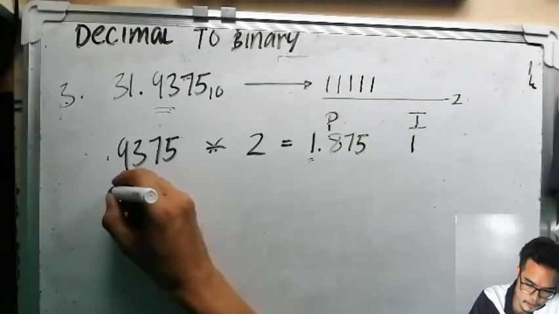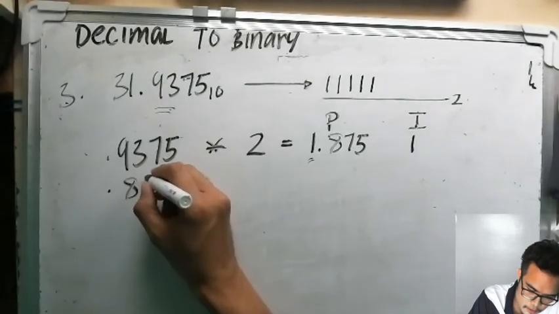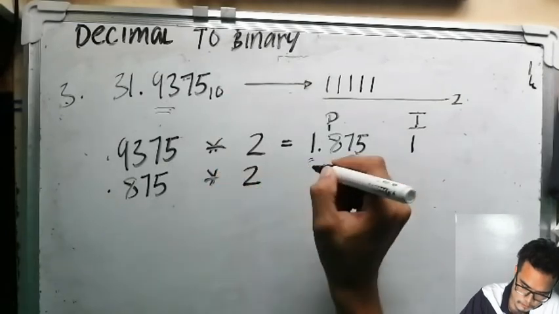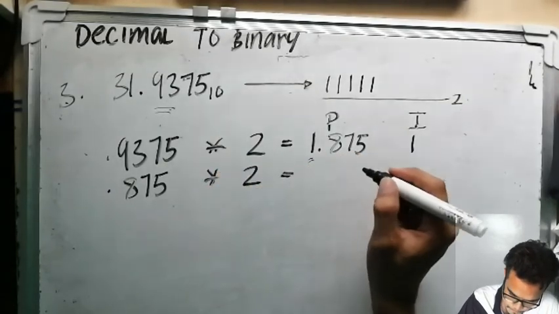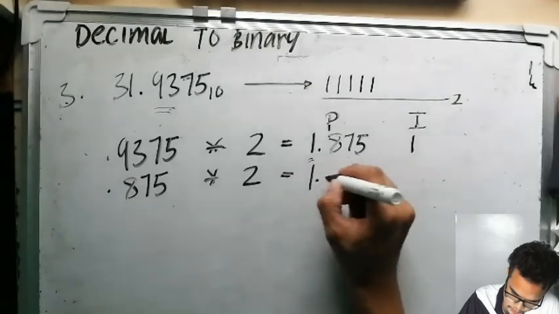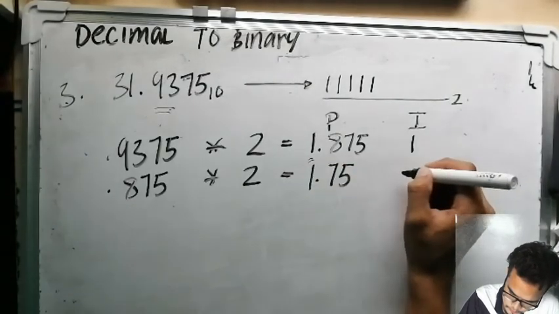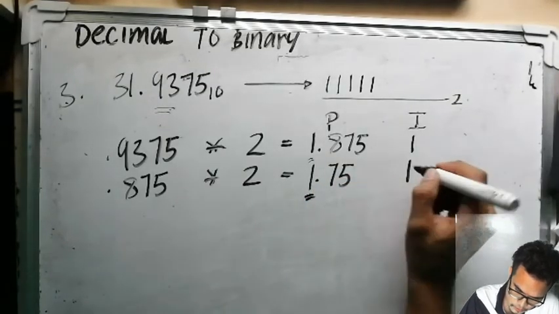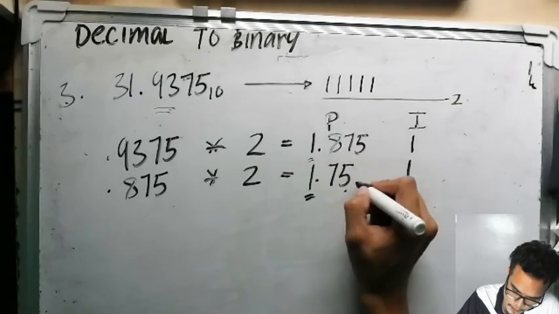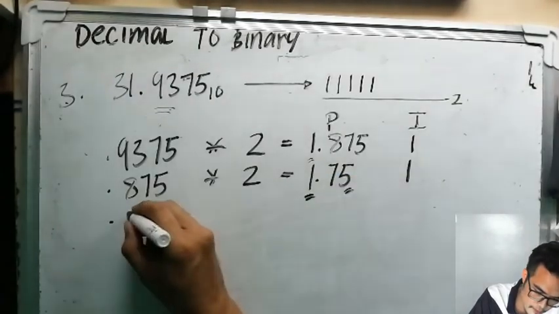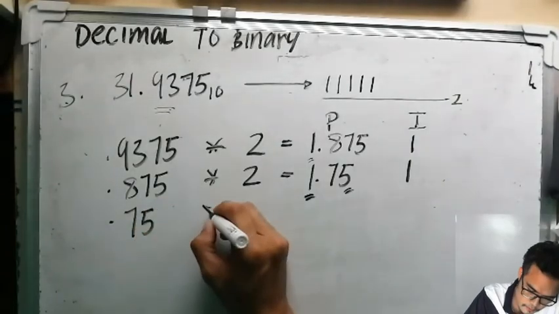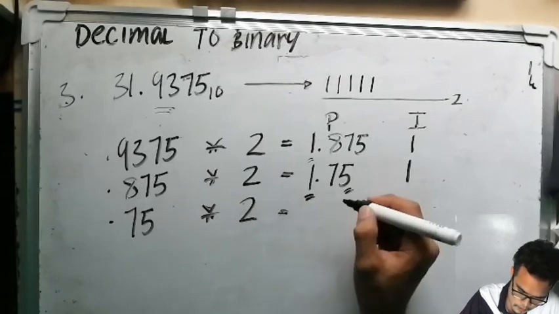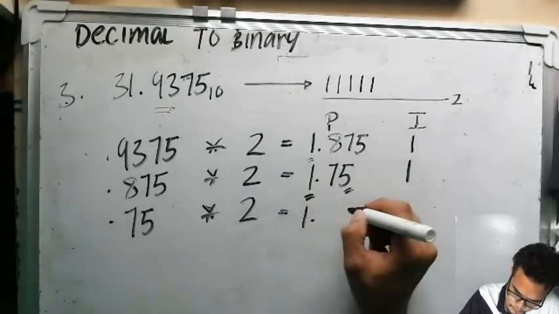Next, 0.875 times 2 is equal to 1.75. Then get the integral part, which is 1. Then continue the iteration, get the fractional part of the product. So 0.75 times 2 is equal to 1.5.